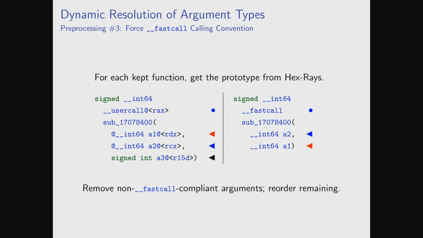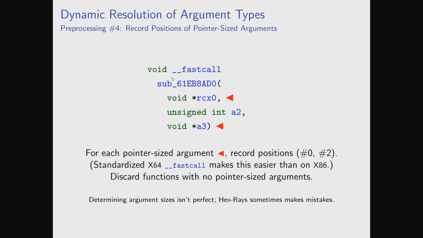So I wrote a little script that just converts all of these user call function prototypes into standard fastcall. And then for every function, I just make a list of all of the pointer-sized arguments as well as their argument numbers, now that we have consistently numbered them according to fastcall.